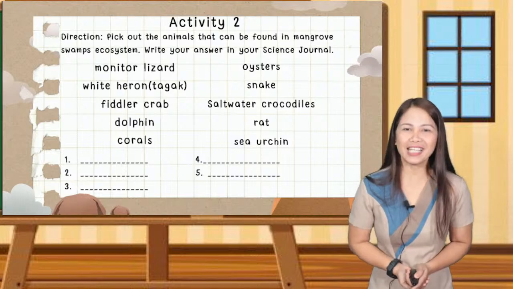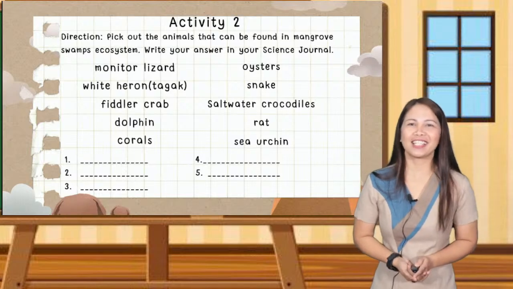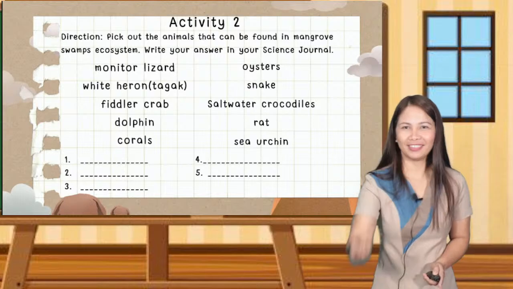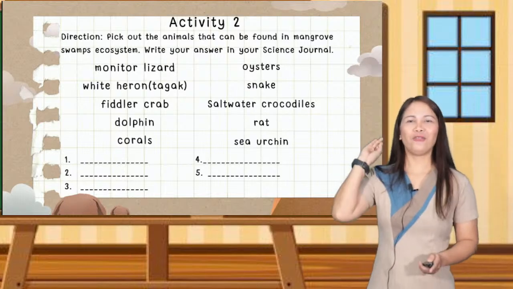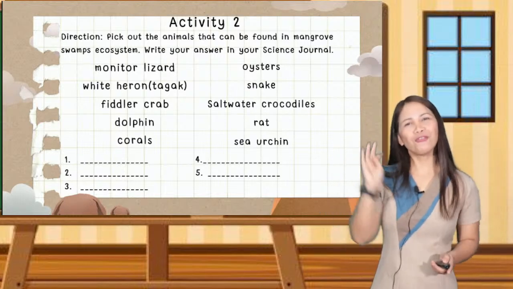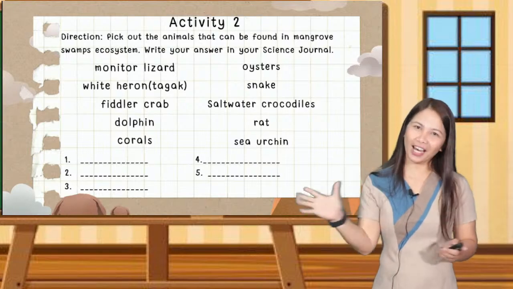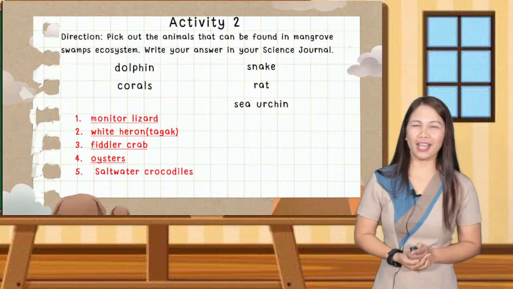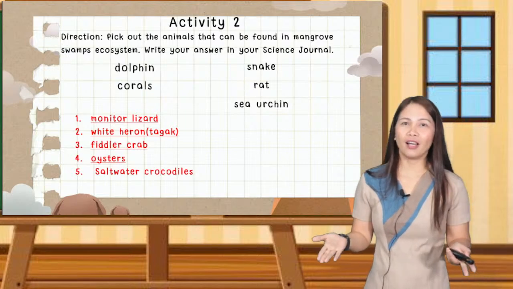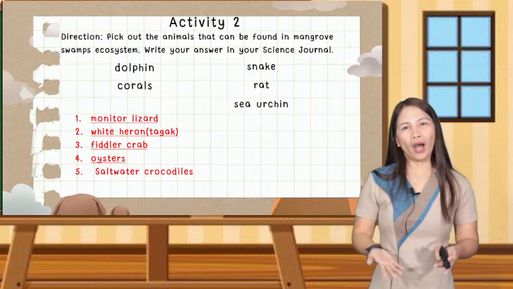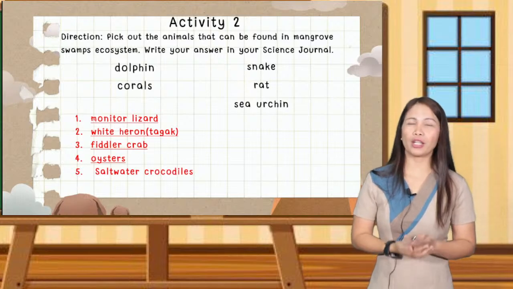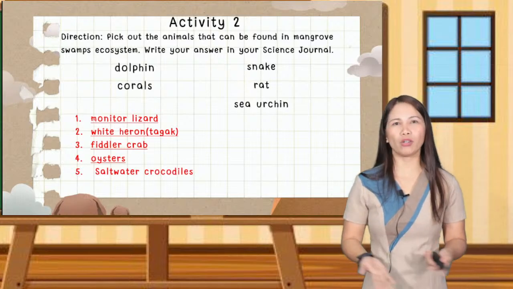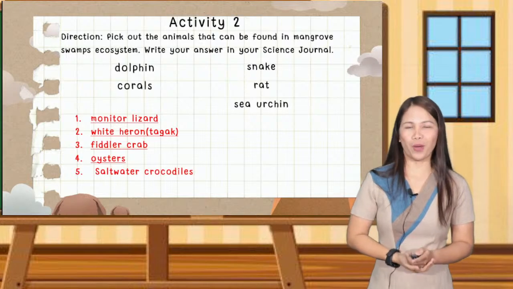Are you ready? Let's do this. Ballpens up. These are the correct answers. You can see monitor lizard, white heron or tagak, fiddler crab, oysters, and saltwater crocodiles in the mangrove swamp ecosystem.